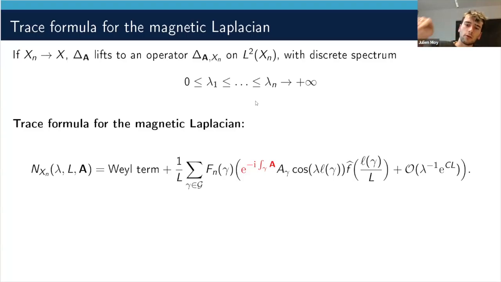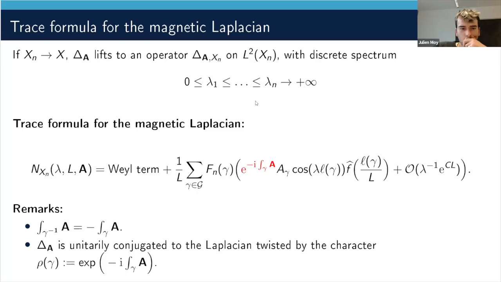And then if you take a curve that goes around the hole, then it could gain some flux from a magnetic field that goes through the hole. Okay, so two remarks. The first one is that when you travel the geodesic backwards, the flux through the geodesic backwards is the opposite of the flux on the first geodesic.